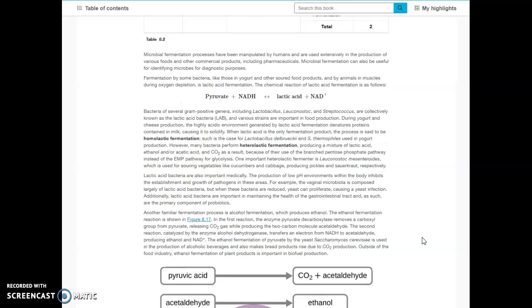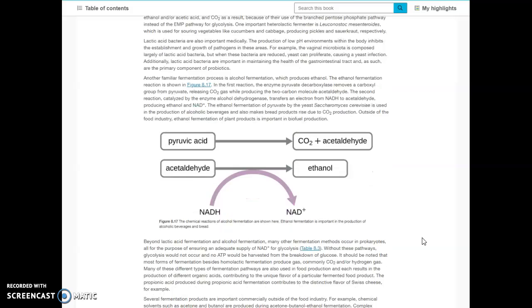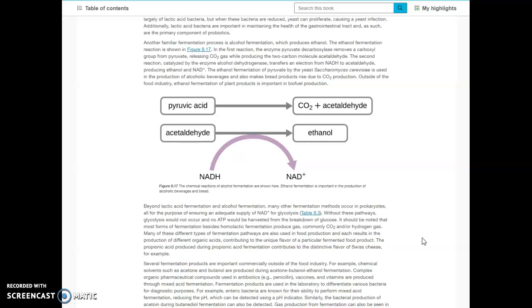Alcohol fermentation is another form of fermentation. This produces ethanol, and this reaction is shown here, where the pyruvic acid is converted to carbon dioxide and acetaldehyde, and acetaldehyde is then converted into ethanol.